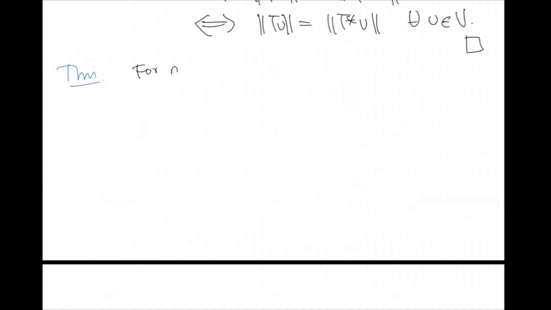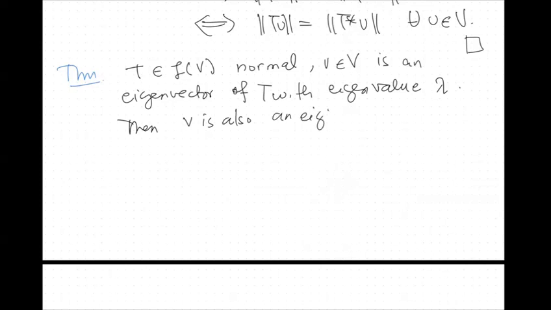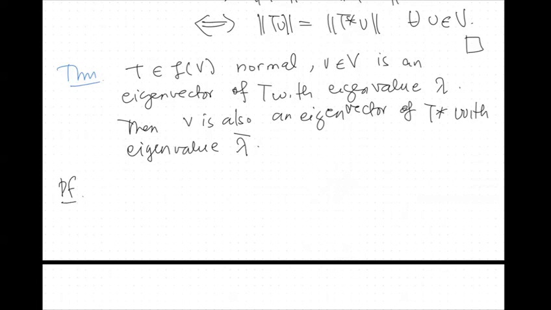For normal, let me suppose T here is a linear operator that is normal, and v is an eigenvector of T with eigenvalue lambda, then v is also an eigenvector of T star, the adjoint, with eigenvalue lambda conjugate. The proof here is just computational.